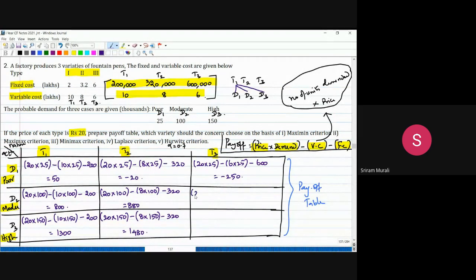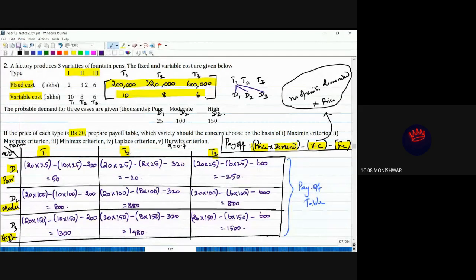This case, 20 into 100 minus 6 into 100 minus 600, which is equal to 800. And this case will be 20 into 150 minus 6 into 150 minus 600. How much do you get? 1500. Do you understand how I computed this payoff?